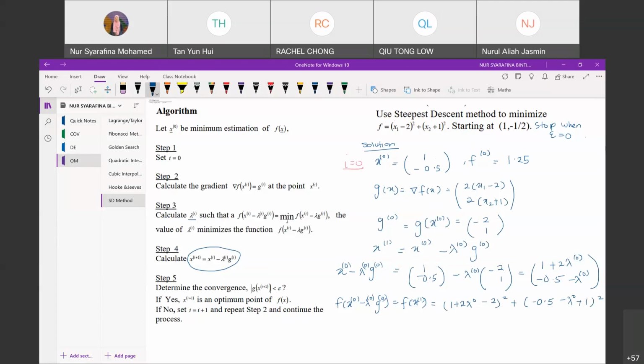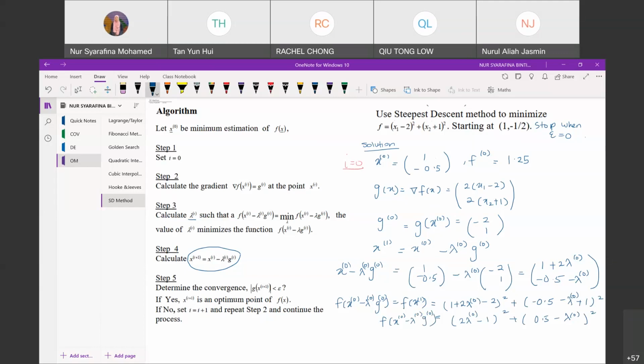Simplifying this, you will have (2 lambda naught minus 1) squared plus (0.5 minus lambda naught) squared. So this is f(x naught minus lambda naught g naught).